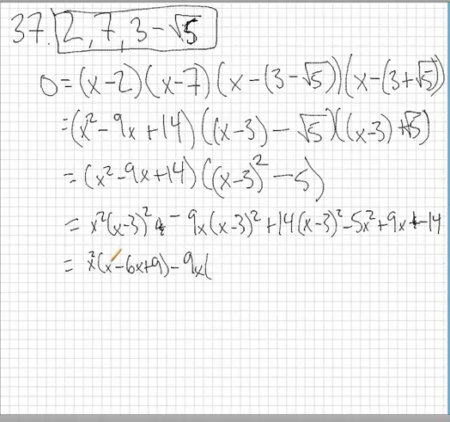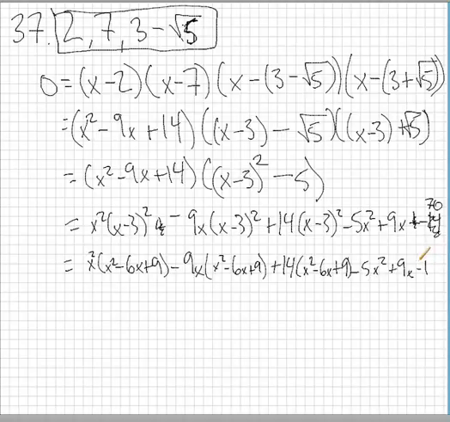Same thing in here, x squared minus 6x plus 9 plus 14 times that, minus 6x plus 9 minus 5x squared plus 9x minus 14 times 5, that was 70. Alright, and then FOIL all these out.